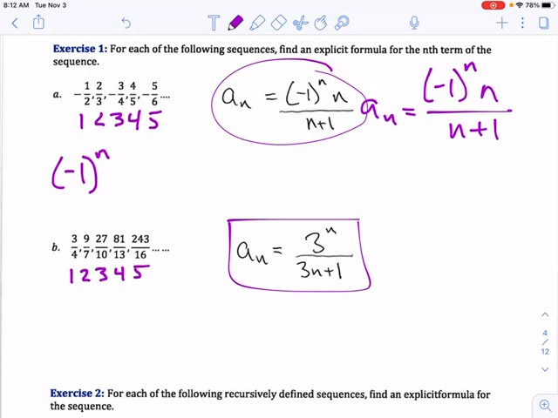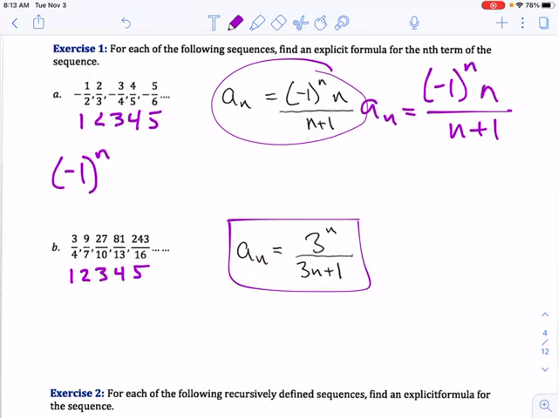First of all, each one of the numerators appears to be a power of 3. That's the first thing I noticed. I say, well, 3, 9, 27, that's 3 to the first power, 3 to the second power, 3 to the third power, etc. So it looks like the numerator is simply a power of 3.